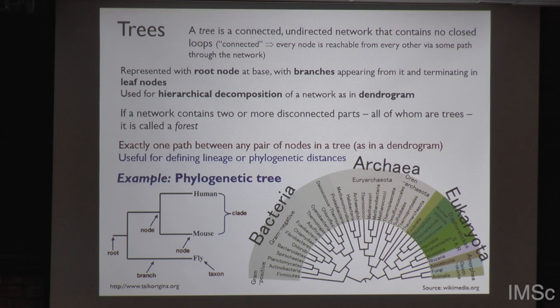So typically they would show a hierarchical decomposition, for example showing the lineage relations between various species. Just a technicality: just as networks can be fragmented, trees can also be fragmented, in which case, not surprisingly, they are called a forest because the various fragments are trees. One very useful property of a tree is that there exists only one path between any pair of nodes. And this is useful to represent a lineage tree because that means you can define an exact lineage distance between any two species.